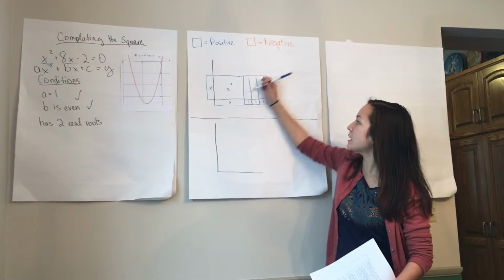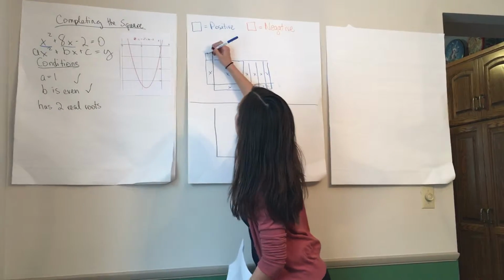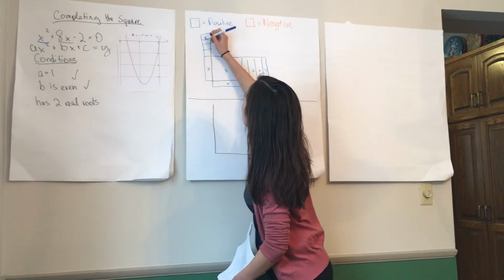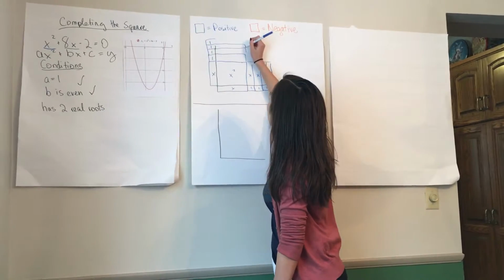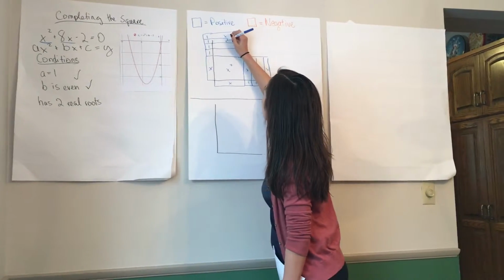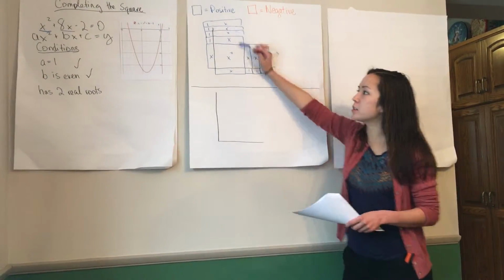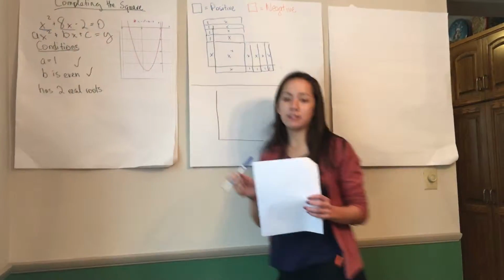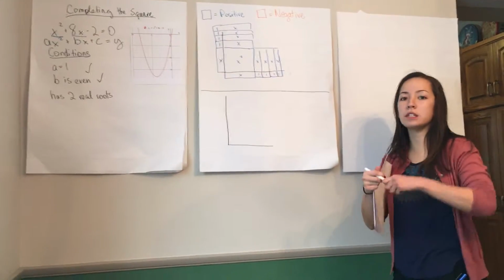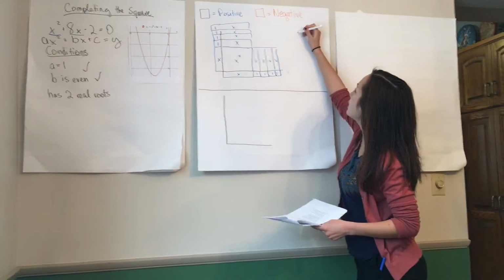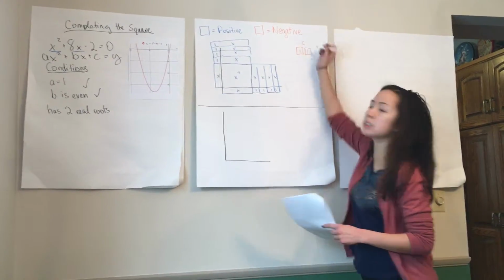So we have 1 times x equals x. And then we have 4 more x over here. So total, we have 8x. So now for our c value, we are just going to put it off to the side for now. So over here, we have these -2 tiles, which is our c value.